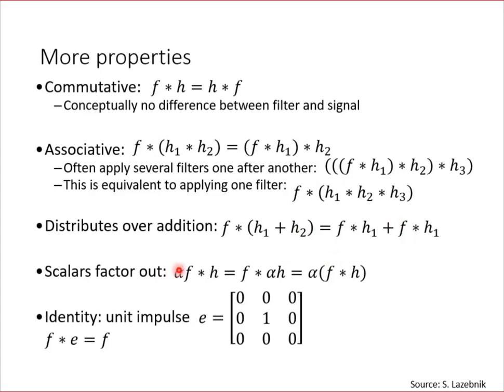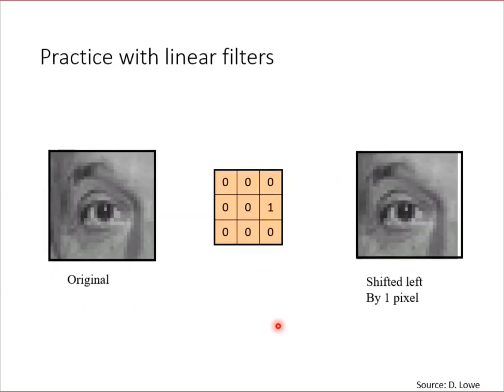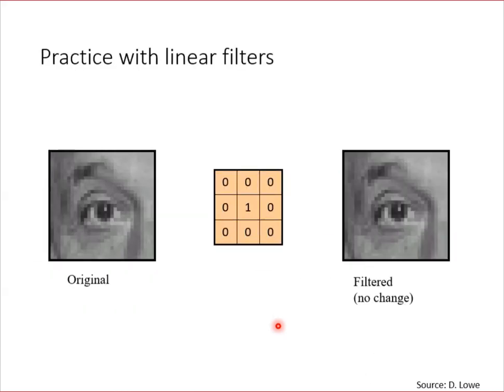And if you have a scaling factor alpha, you can apply it to your input image, or you can apply the scaling factor to your filter, and the results will be the same. And this is an identity property. If you apply this filter to your original image, you will get an identical image.